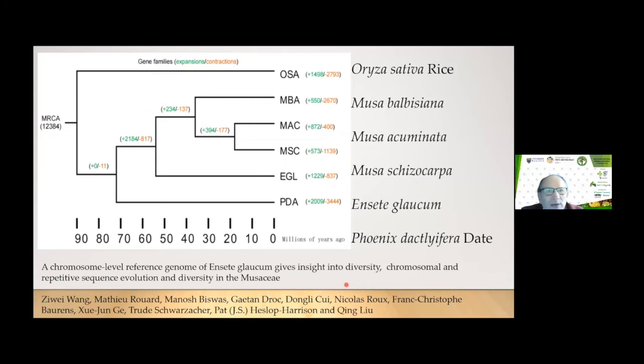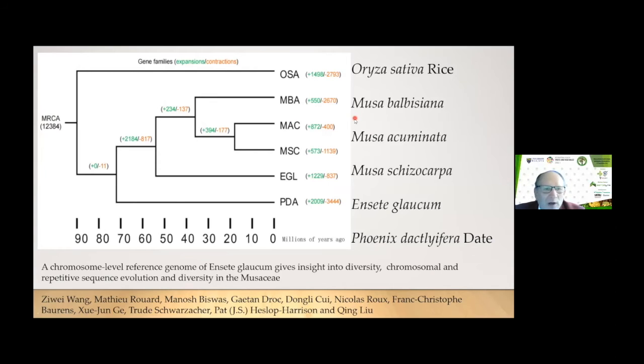So what happens then when we look at gene families between these? Well, we can see here's the most recent common ancestor of all of these monocots here from the Phoenix. And I don't know why my screen seems to change the sizes of the images here so that they don't match up.